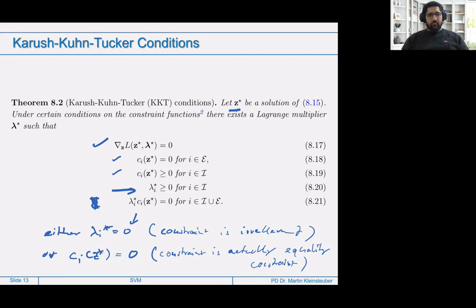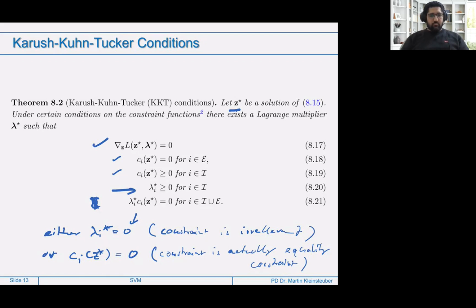And that's really interesting, because it says that either this lambda i star is 0, which means that the constraint is irrelevant. I mean, it is somehow redundant and contained in all the other constraints, so not interesting for an optimal solution. Or the constraint is 0, so that means that the inequality constraint is actually also an equality constraint.